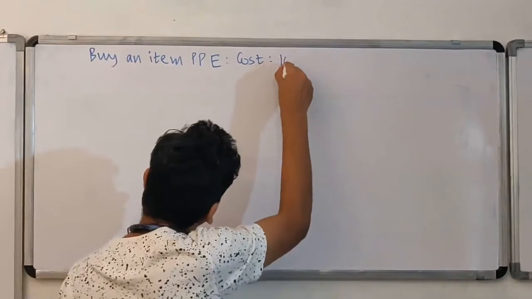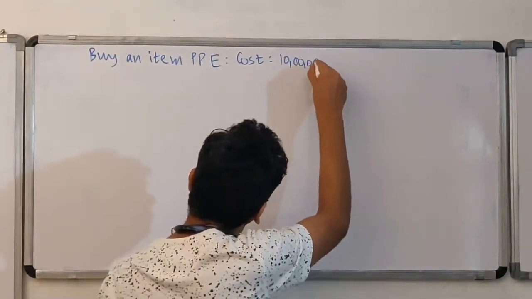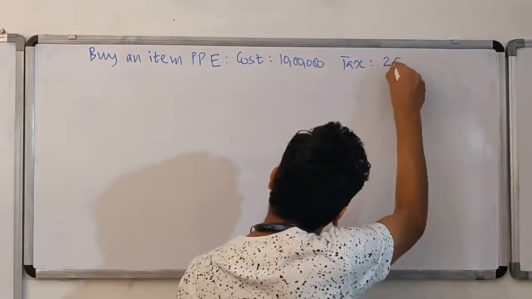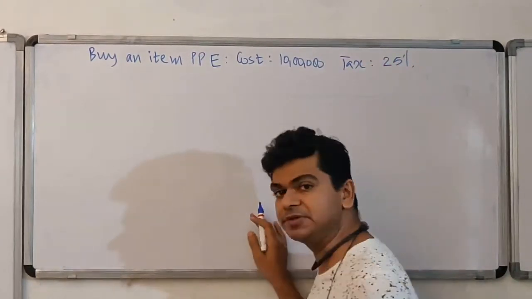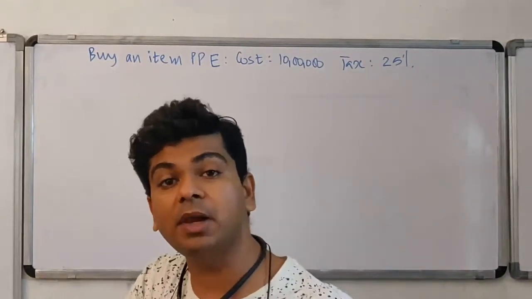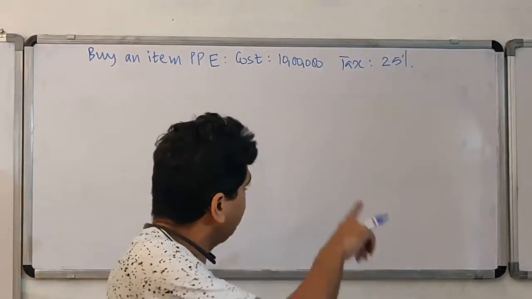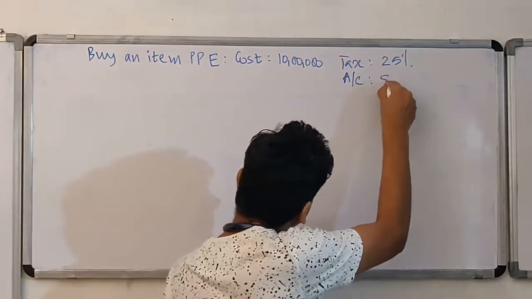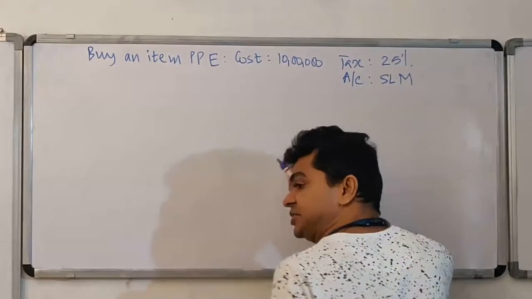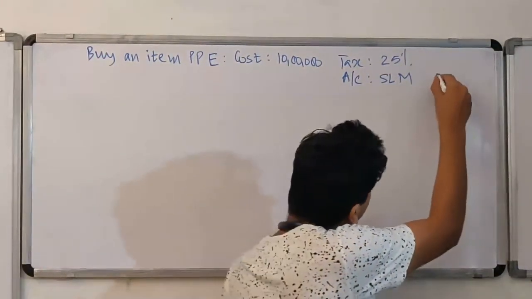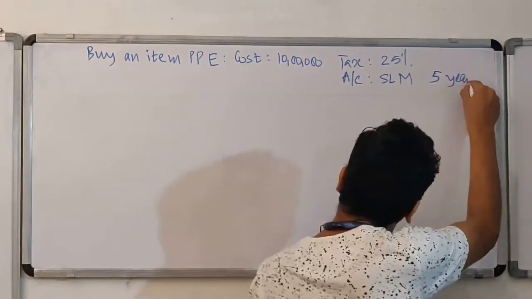Let us say its cost is 10 lakhs of rupees. In tax, it belongs to a 25% block of assets, so I'll be following the block of asset principle and providing depreciation at 25%. However, as far as accounts is concerned, I have decided to follow the straight line method of depreciation. And let us say its useful life is 5 years.